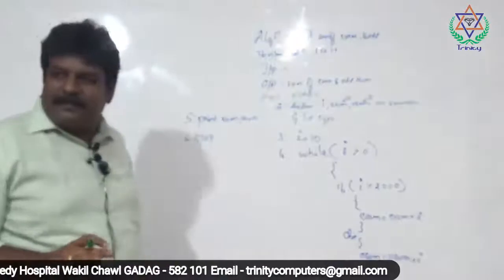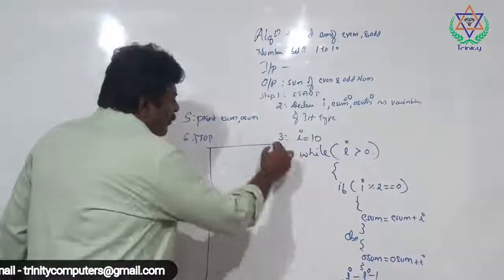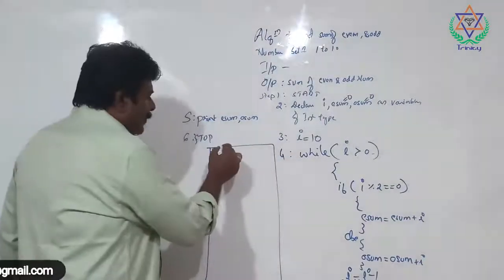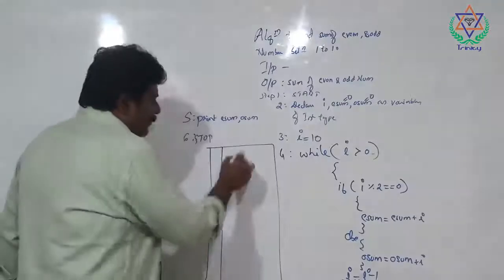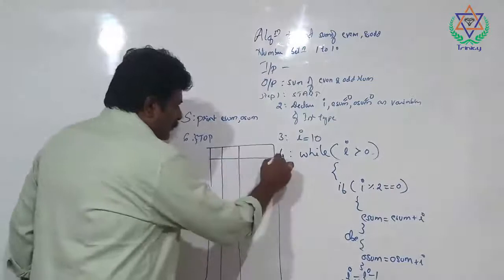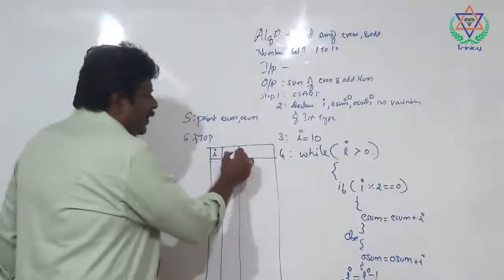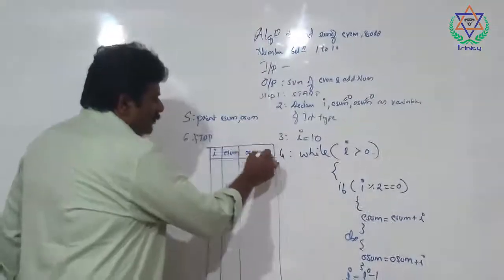Now let me trace. I would like to put one table now. This table will contain the variables, that is I, eSum and OSum. Let me write I over here, eSum over here and here OSum.